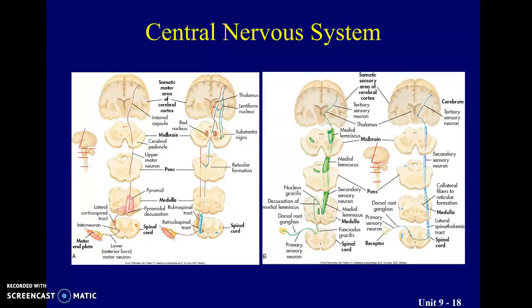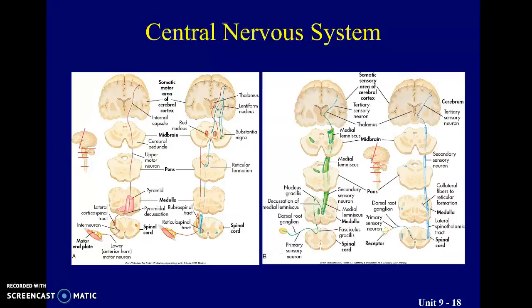So here we see a tract, a collection of axons found within the central nervous system, this one in particular a reticulospinal tract, in which we see axons that are moving up the spinal cord through the reticular formation and then decussating at particular points within the brainstem, then traveling up to the thalamus and then to specific parts of the cortex.